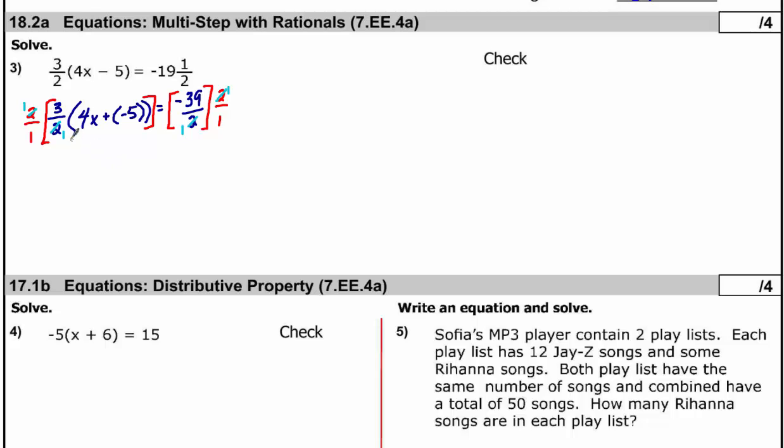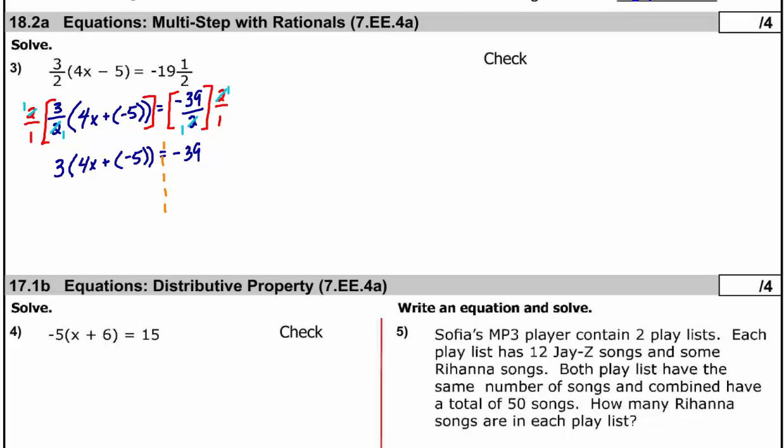Now I've got a problem that looks a lot nicer, because I've got 1 times 3 over 1, which is 3, times 4x plus negative 5. And on this side, I have negative 39 over 1, which is negative 39, times 1. I have negative 39. Whew, that was easy.